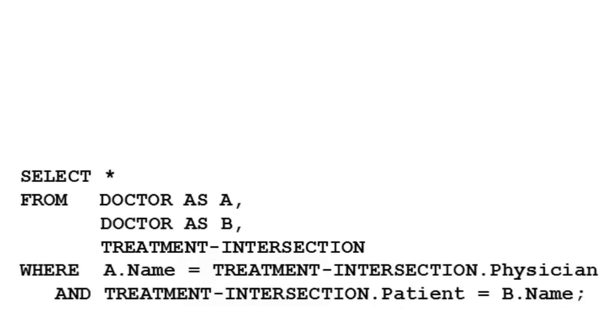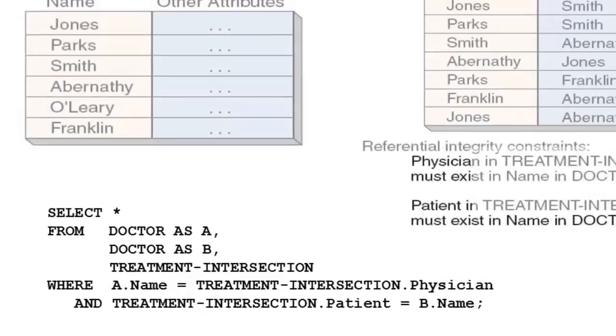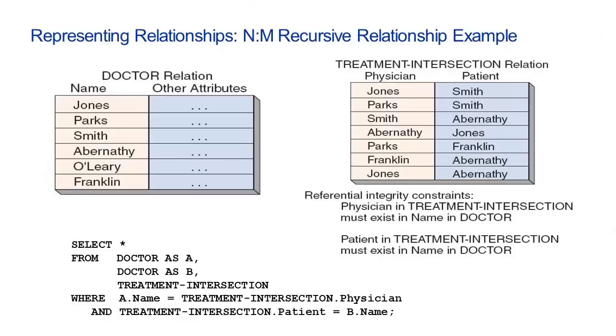With all of our tables defined, we then simply perform the join operation as we ordinarily would, and we can, using this approach, generate a list of doctors and patients who, in this case conceptually, are also doctors.